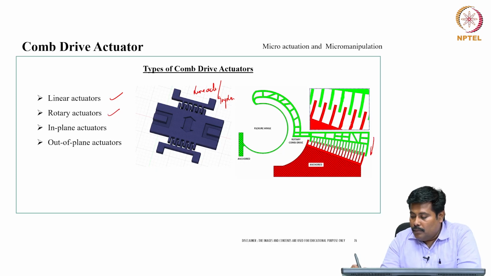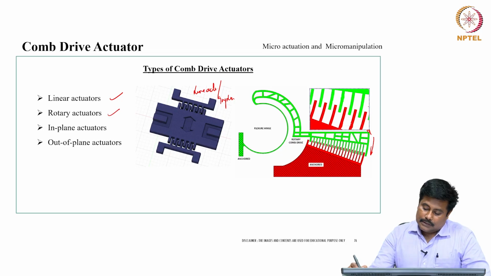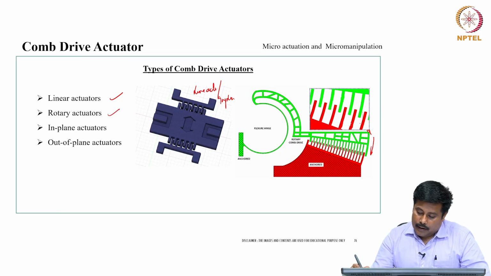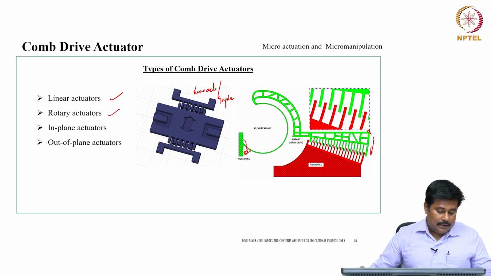This rotary comb drive moves in this particular direction along with the anchor. This is an inset image which gives clarity on how these systems can be deployed, and the overall angle theta can be easily represented in this case.